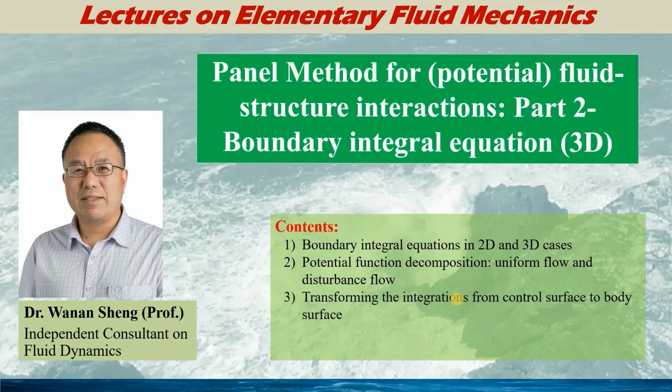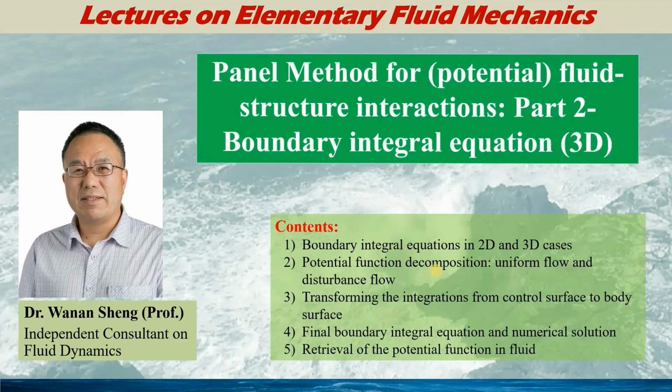Then we will look at the mathematical transformation for the integrations on the control surface to the body surface. Then we can talk about the final boundary integral equation and the relevant numeric solution. And at last, we will talk about how we can achieve the potential functions in fluid once we already solve the boundary integral equation.